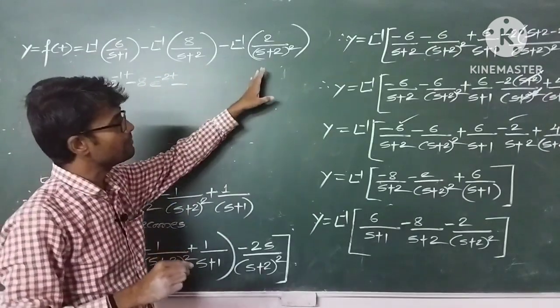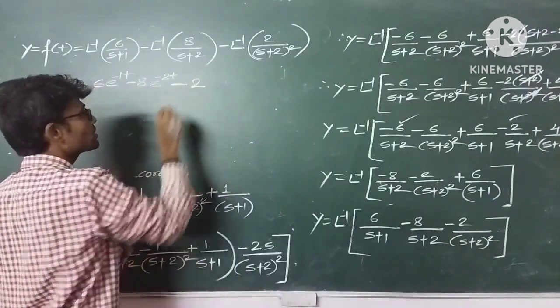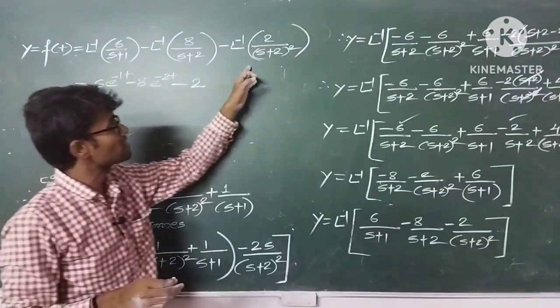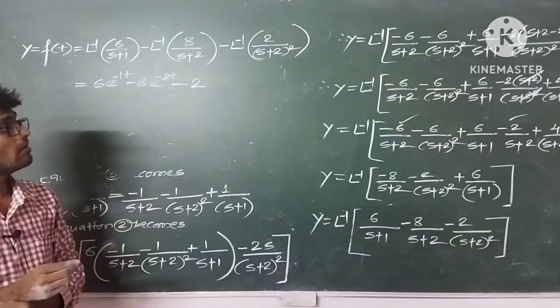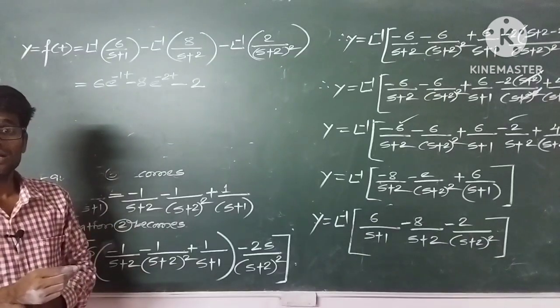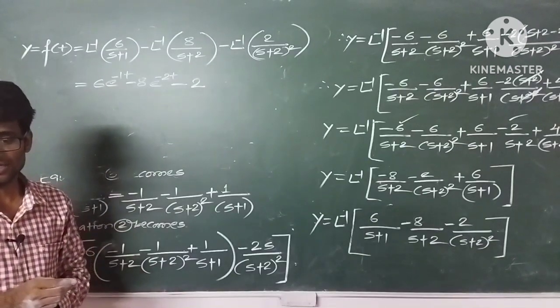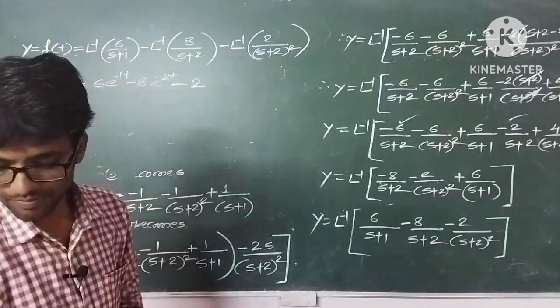So this is very important. Minus 2 is a constant you take outside, inverse Laplace transform of 1 divided by (s plus 2) whole square. For this you apply the shifting property, that is the shifting theorem of the Laplace transform.